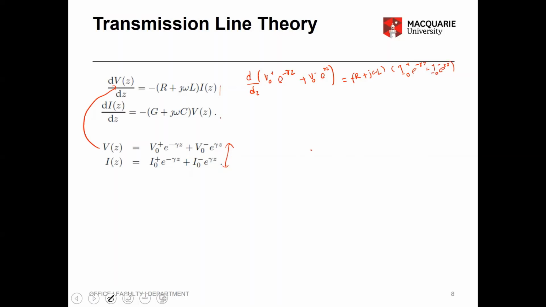So let's solve this. This is minus γ V0+ e^(-γz) plus γ V0- e^(γz), and then you have minus (R plus jωL) I0+ e^(-γz) minus (R plus jωL) I0- e^(γz).